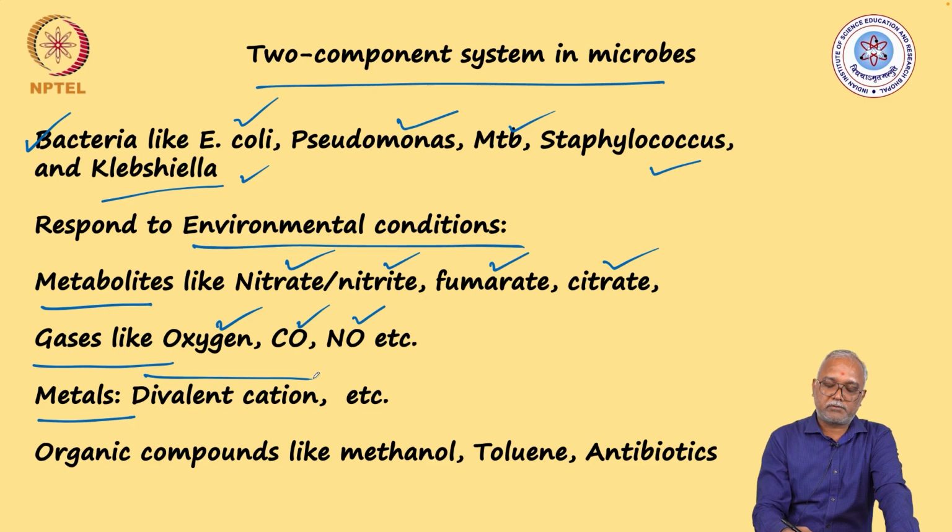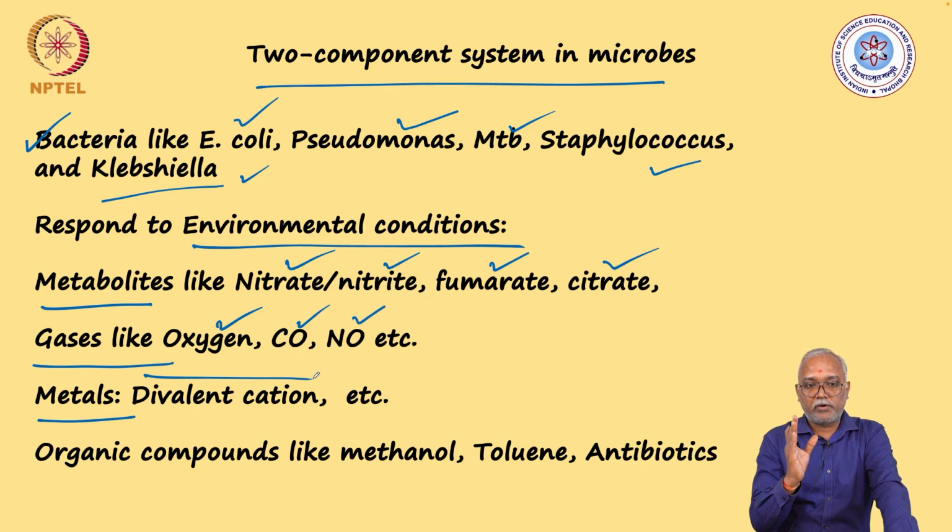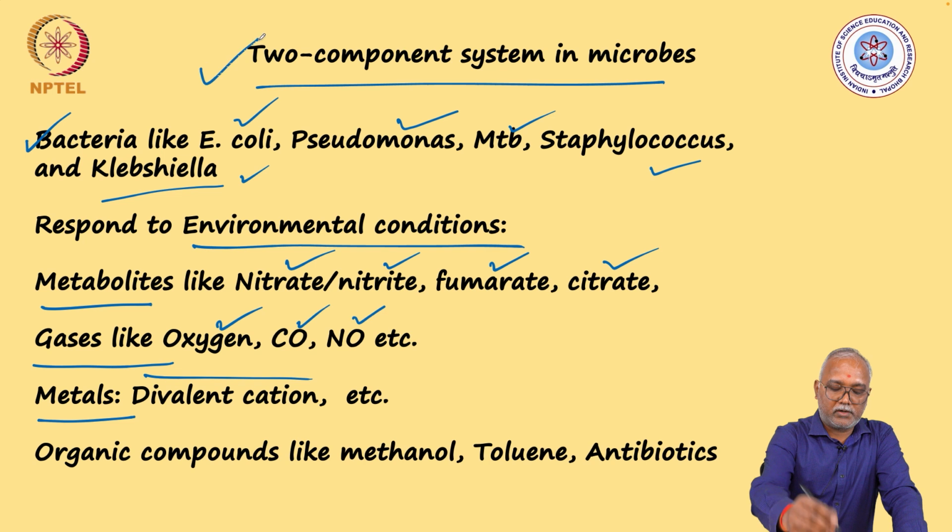Even in those conditions bacteria grow. We also know that bacteria do grow in very high temperature conditions. So to respond to those conditions and remain healthy and maintain an equilibrium, the bacteria use two component signaling.